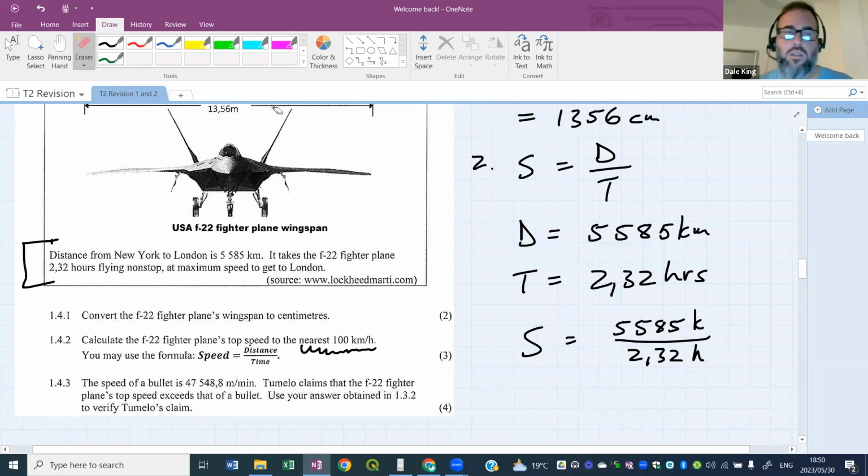Please remember that. That's why I'm writing the units here, to see what this formula is going to give me, because the question wants kilometers per hour. I have to give this formula kilometers per hour. If the question wants kilometers per minute, I've got to change something because at the moment I've got hours. But the question wants kilometers per hour, so I can see here the units I'm putting into the formula are correct for what the question wants. Be careful of that.